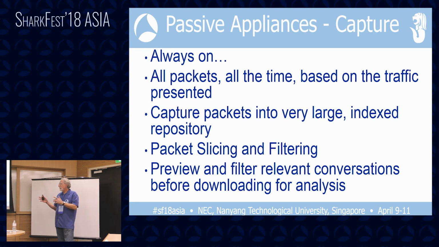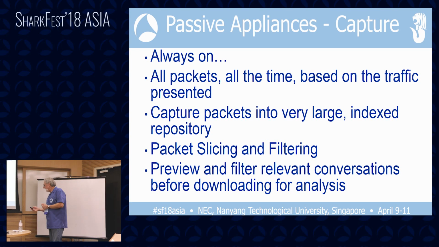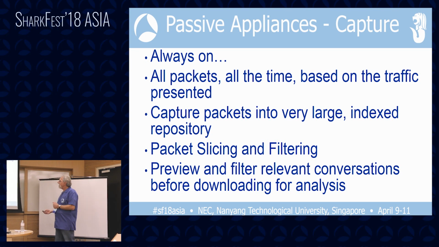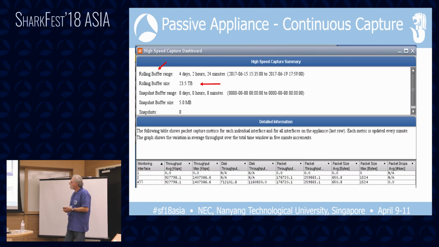And we're going to look in a few slides down the road at ways of identifying what is the most important, what is the most valuable to our mission. Packet slicing and filtering, previewing before you actually download packets, is another important feature.